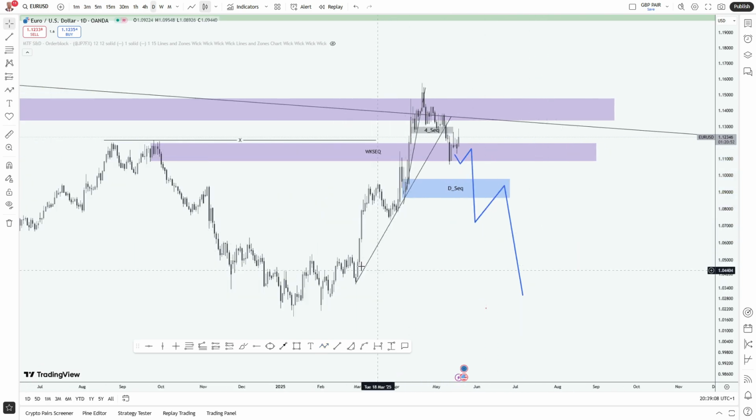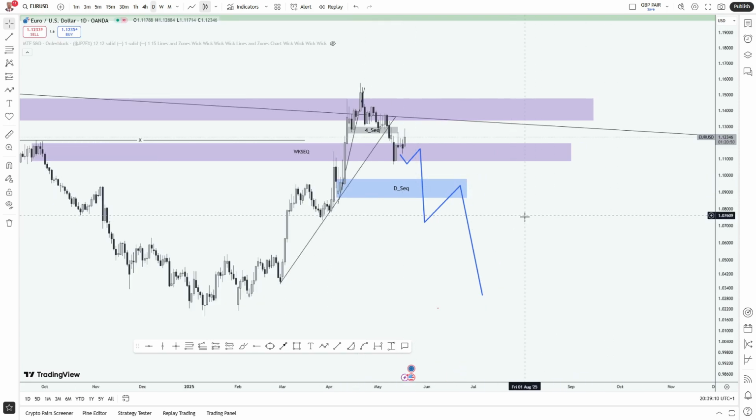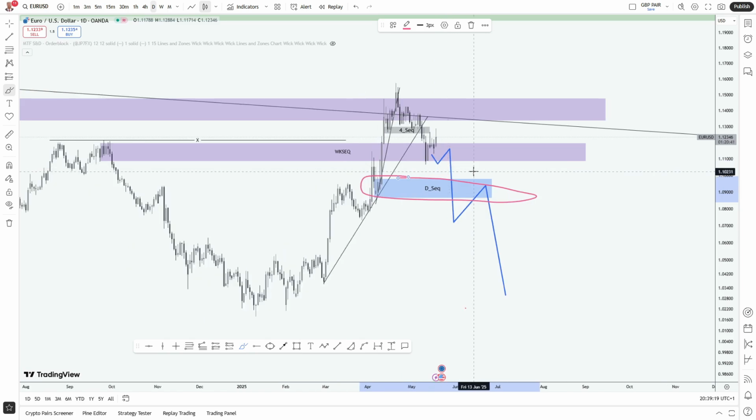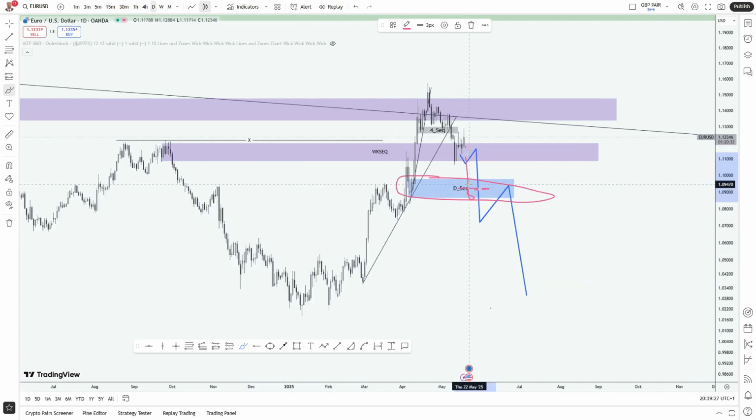However, at the moment, the daily time frame is bullish. So until this zone right here is eliminated, we remain bullish on the daily time frame. However, if we want to catch some quick sell to the downside, we have to be cautious of the fact that this zone right here has not been eliminated.